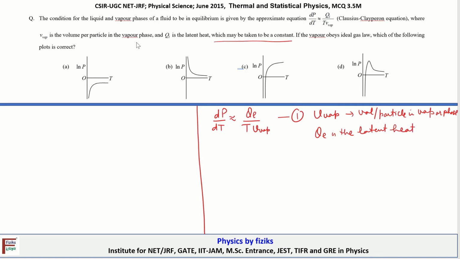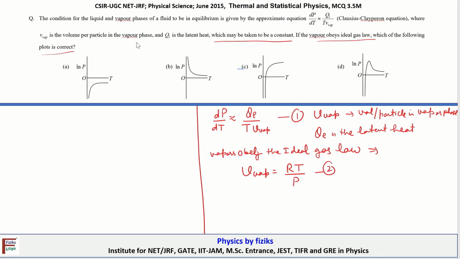If the vapor obeys the ideal gas law, which of the following plots is correct? So we are given that vapors obey the ideal gas law, which means we can write V vapor equal to RT upon P. Let's call this equation 2.